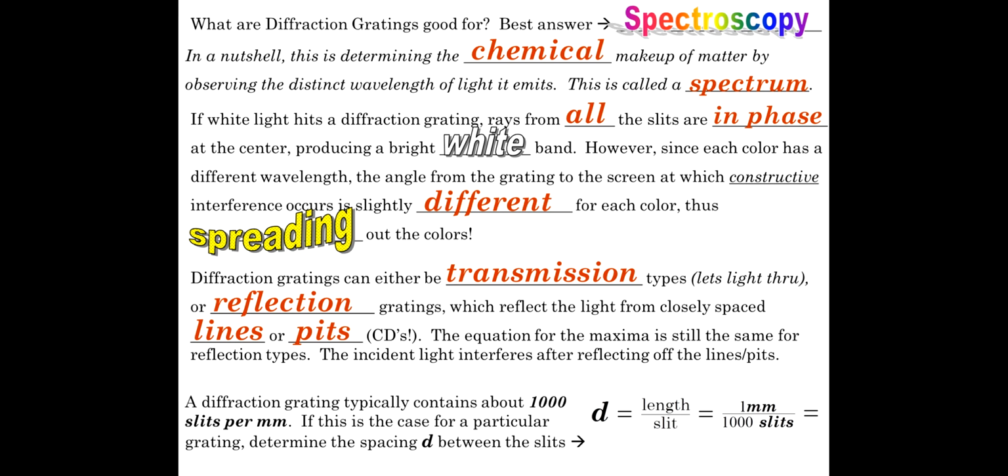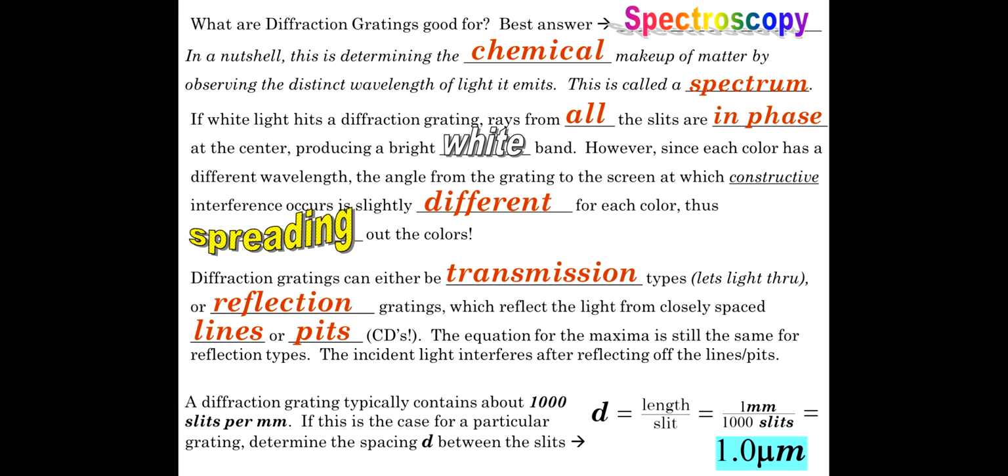In this case, a millimeter has 1,000 slits. So that gives you 1 micrometer of spacing, invisible to the naked eye. But that's a perfect kind of dimension for light interference, because light is on the order of nanometers, like 500 nanometers, half a micrometer.